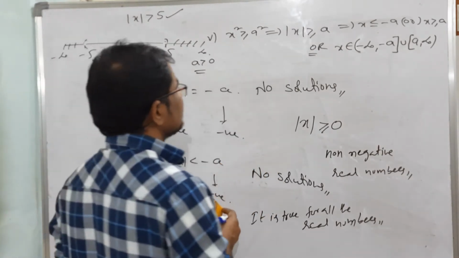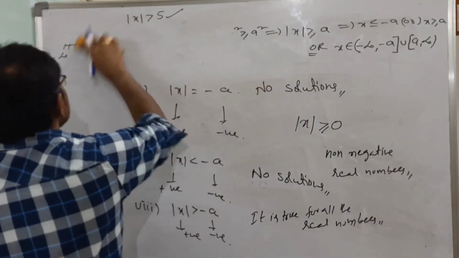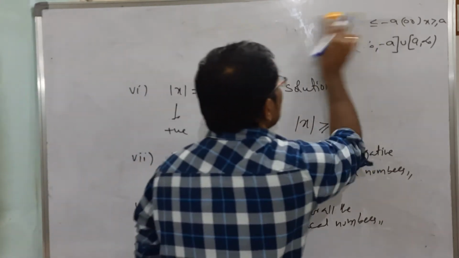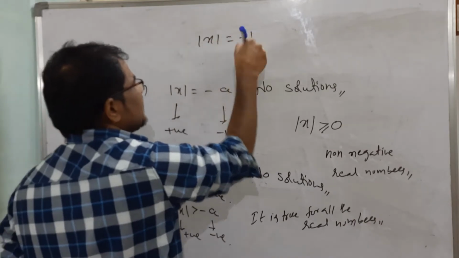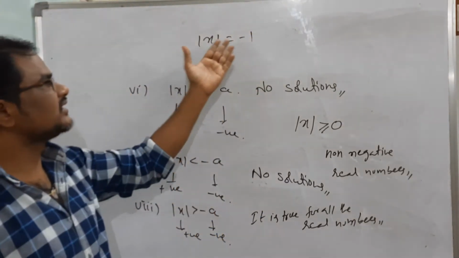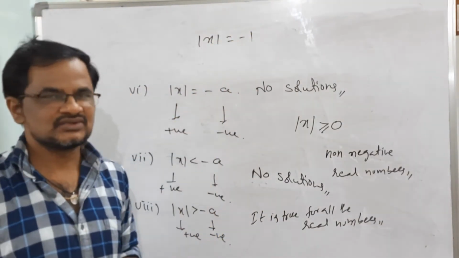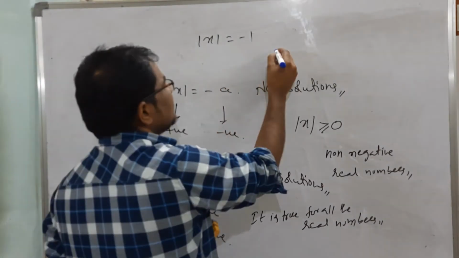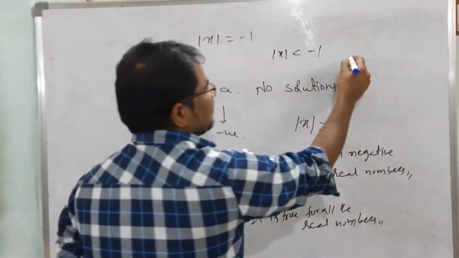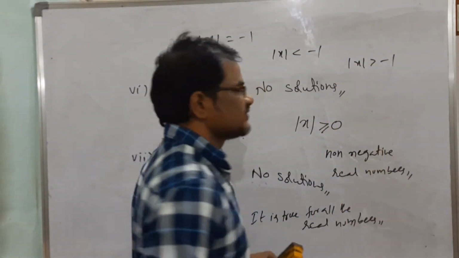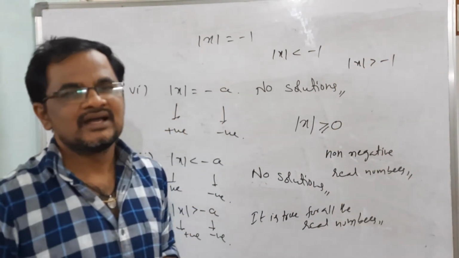For example, see, mod x equal to minus 1, a positive value not equal to minus 1, there is no solution, right? And mod x less than minus 1, no solution. But mod x greater than minus 1 exists for all the real numbers.